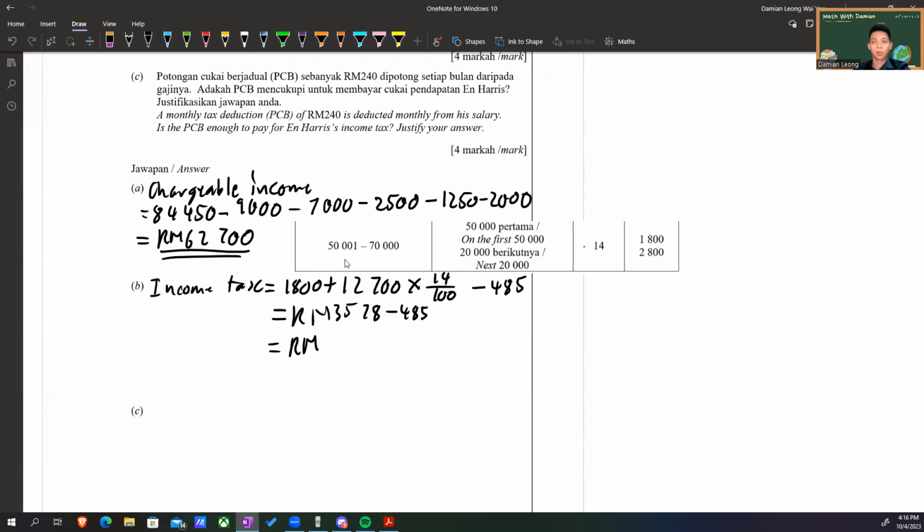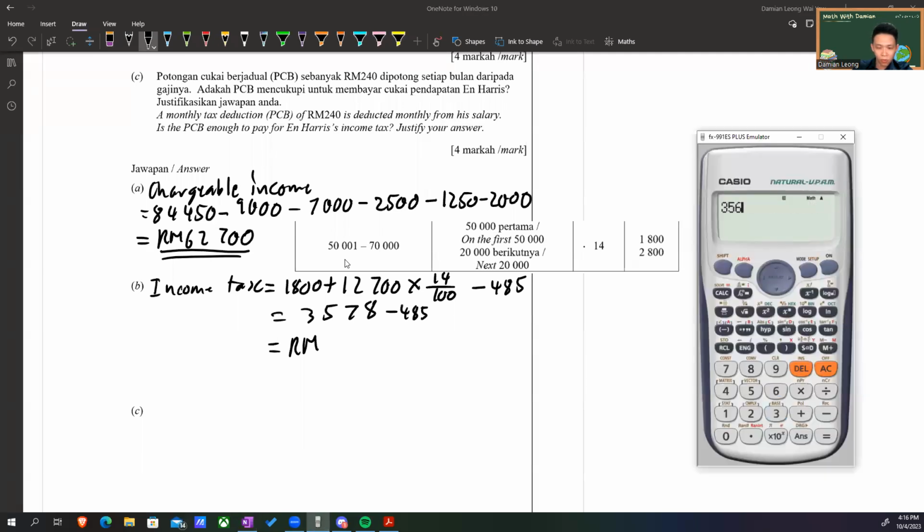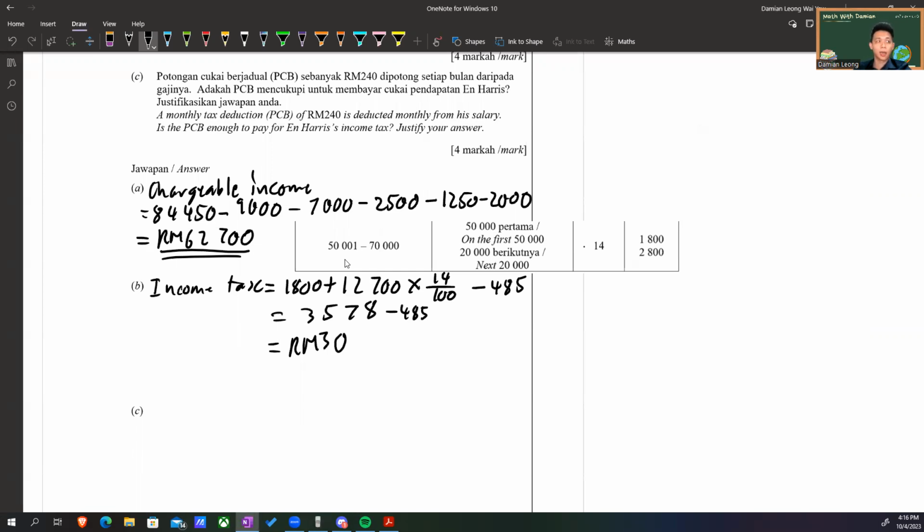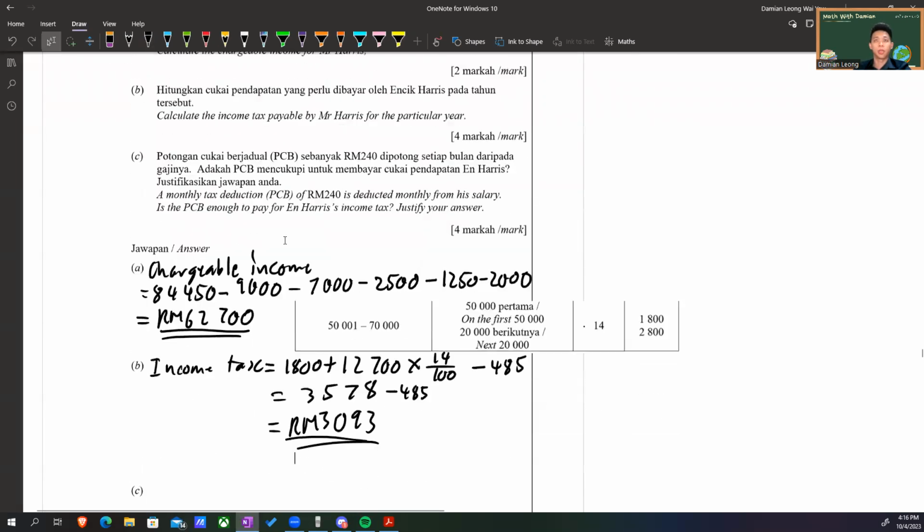Then it becomes 3578 minus 0.5. So it becomes 3,093 ringgit. That's the income tax that he should pay.